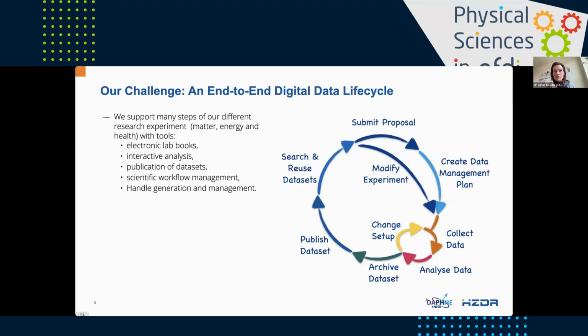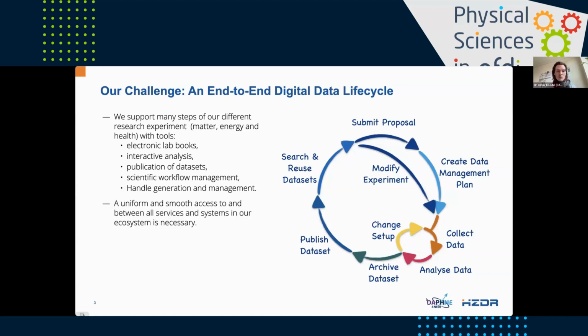Then after data generation and derived data sets, we have to archive everything and store the data on our data storage system in our center. That is written down in our data policy, so that is necessary. And we have also systems to publish selected data sets so they can be reused and so on. So our complete chain of tools is there in this nice circle.